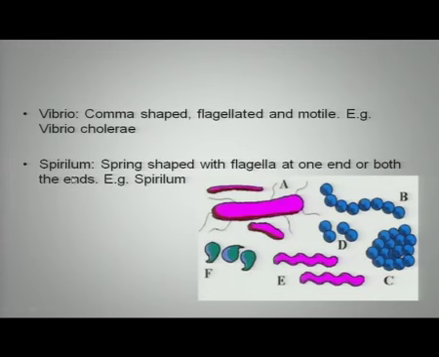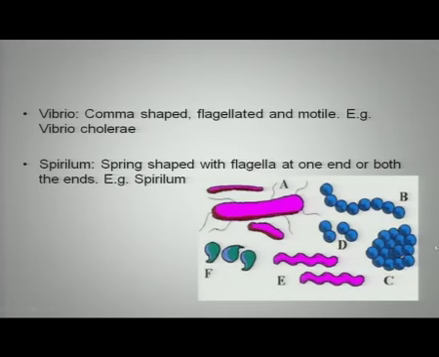Now coming to the next one, spirillum, which is spring shaped, with a flagellum at one end or both ends. Here you can see the different types of bacteria. Coccus type, this is Streptococcus. Here you can see a group of two, that is Diplococcus.